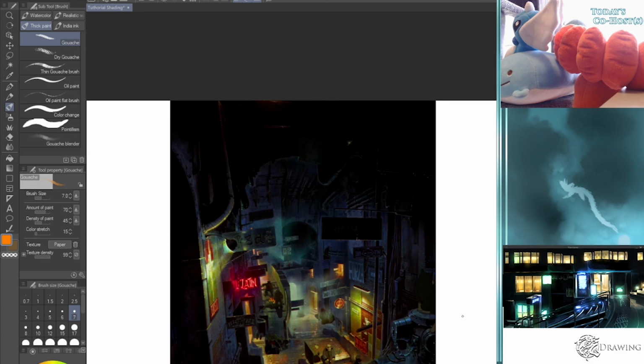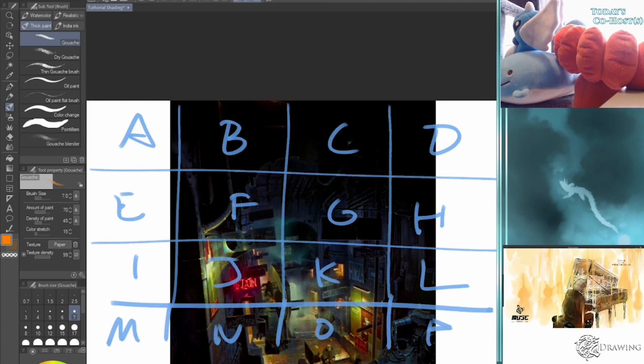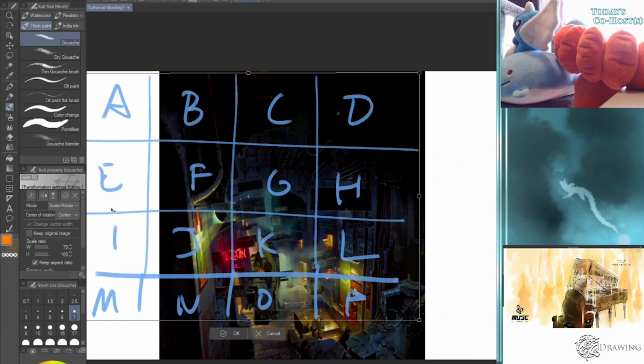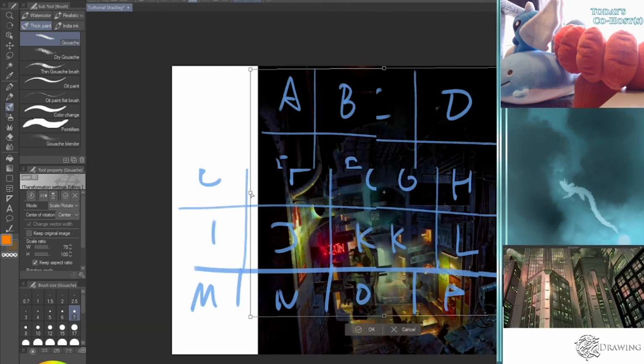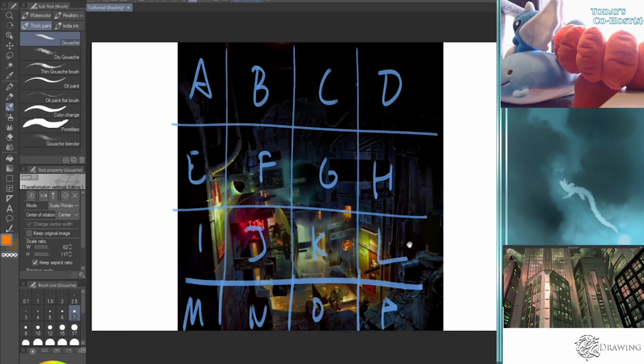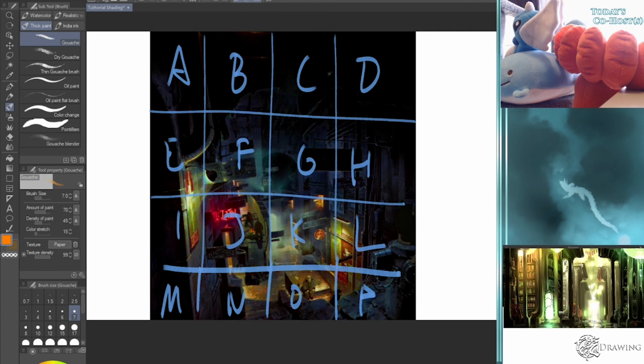Where would you say the key light is? Because we understand, right, that there are going to be at least 2 light sources here. Where is the key light? Where is it pointed? J, O? Ah, I see.